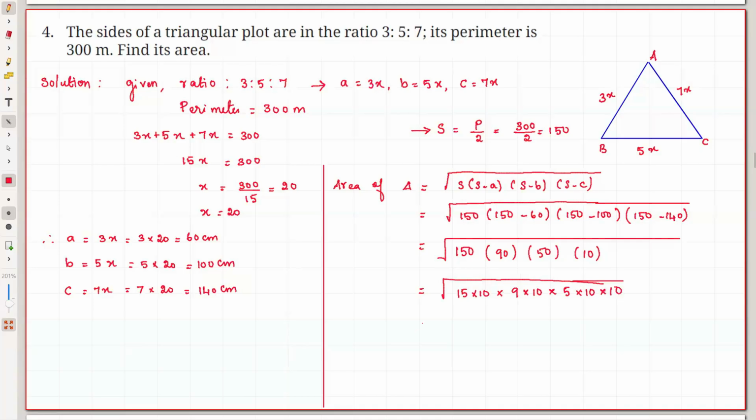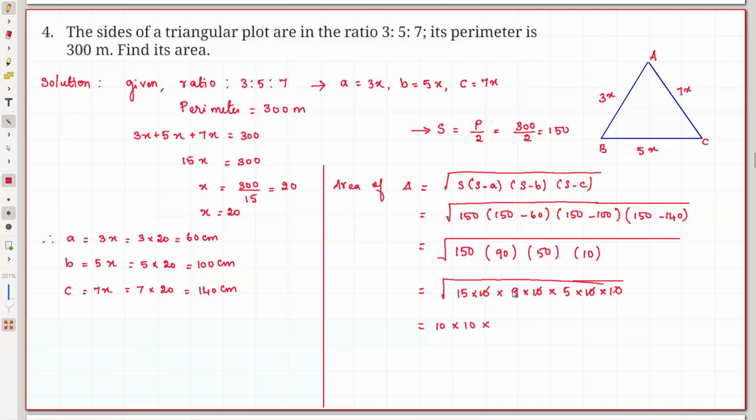So this 10, 10 we can take outside. Total two tens I can just take outside.